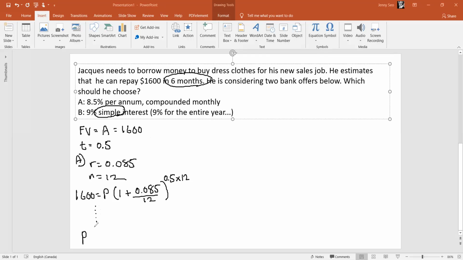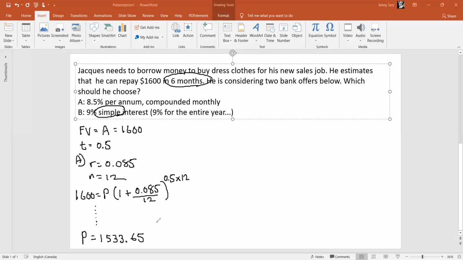Please test your calculation skills again: 0.085 divided by 12, plus 1, to the power of 6. You should get 1533.65.